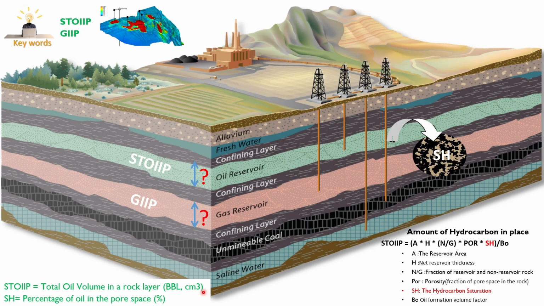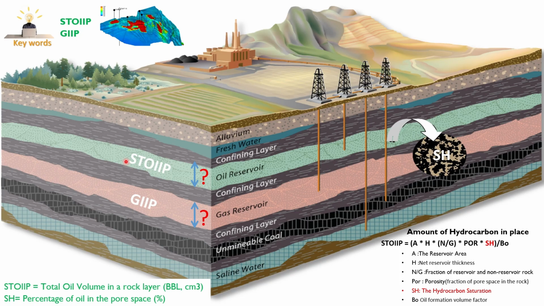If we now zoom out to the field level, we move from the pore scale to the entire reservoir. At this scale, we start talking about STOIIP. STOIIP stands for stock tank oil initially in place.